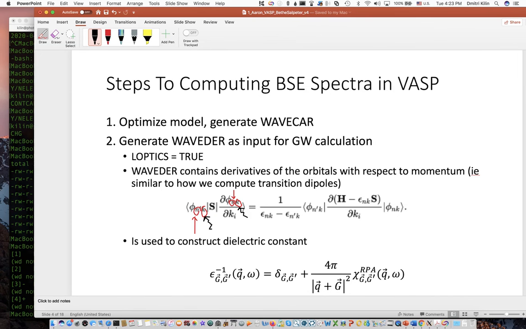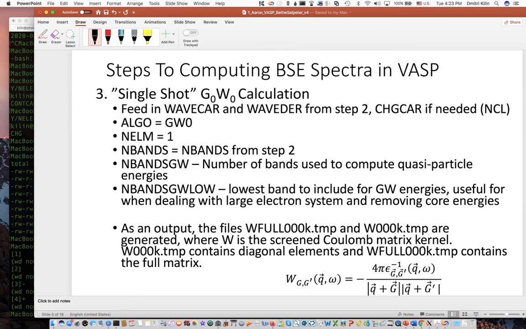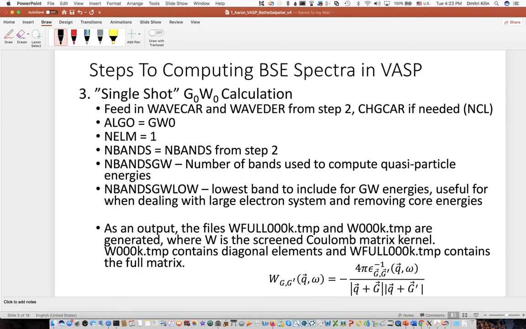So, next slide. To generate this W, the screened Coulomb interaction, VASP generates an output file if you run any sort of GW calculation.